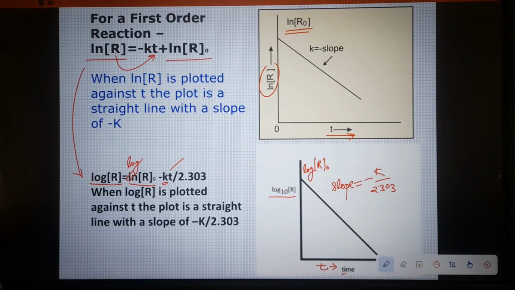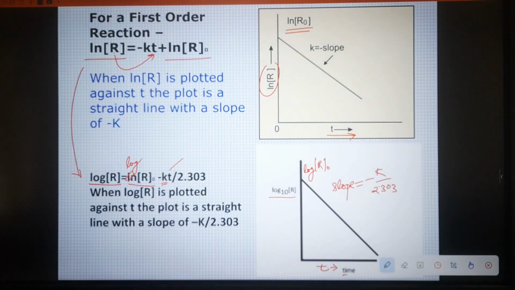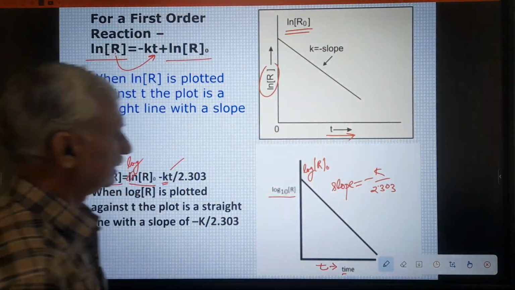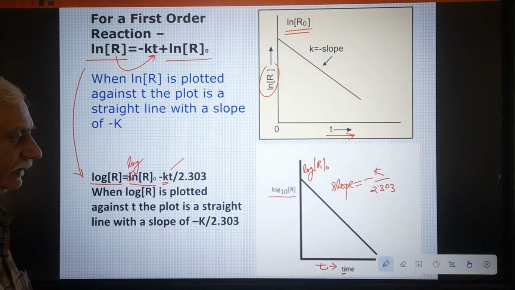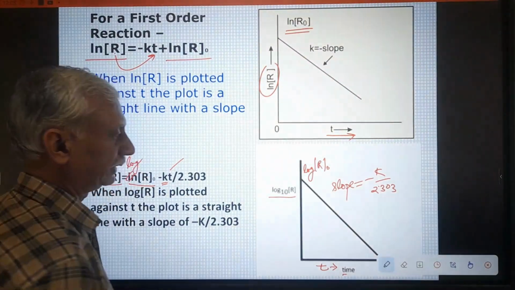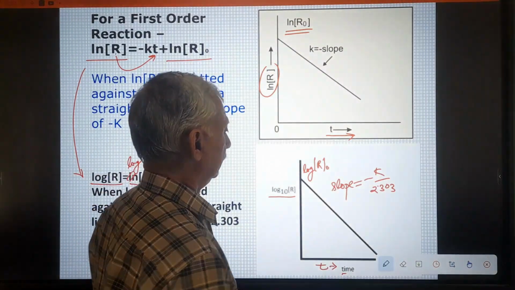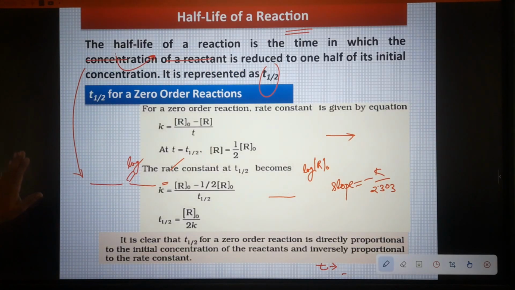If the order of the reaction is given, then the slope can be asked. In the same way, we can ask the question, when log to the base 10 of the concentration of the reactant is plotted against time for a first order reaction, then what will be the slope or intercept for this plot?